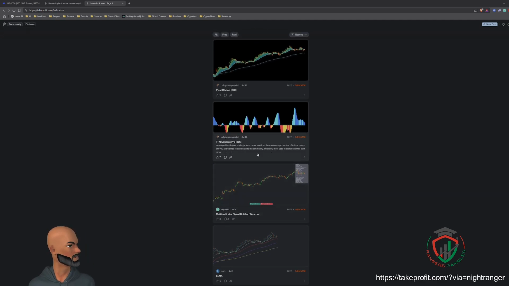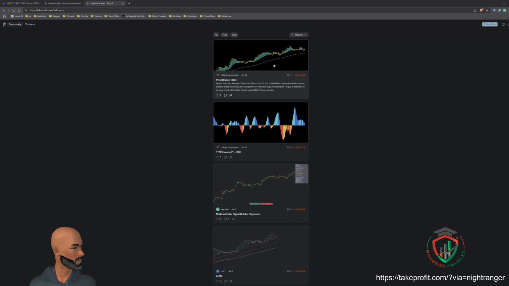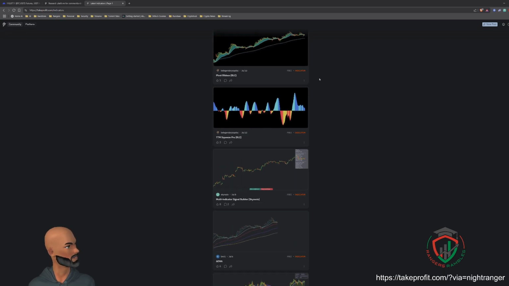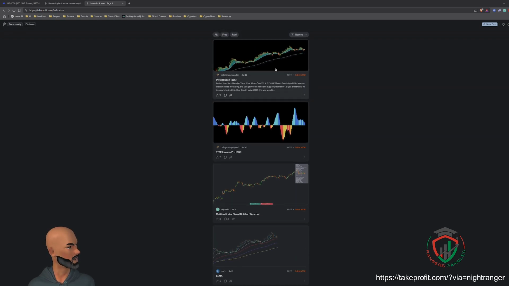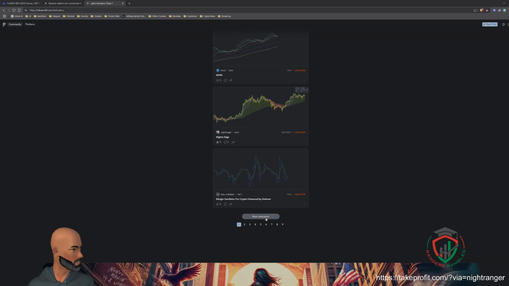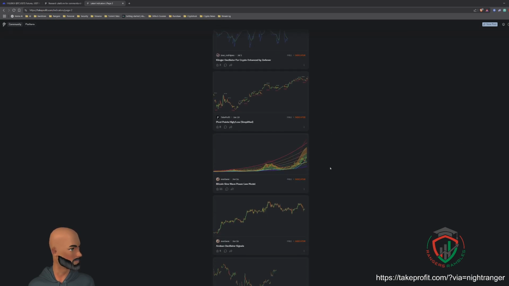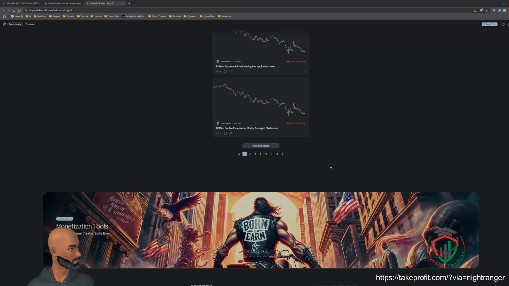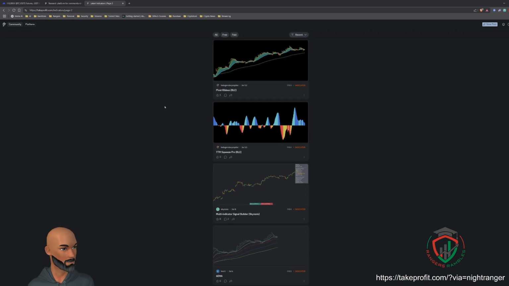Let's have a look. We've got TTM squeeze. I don't know how that is. A pivot ribbon. So that's similar to my clouds, I presume. I don't want to say that too soon, it might not be. I haven't looked at it, but there's tons of different indicators that you can use. So you don't just have to use my indicator.